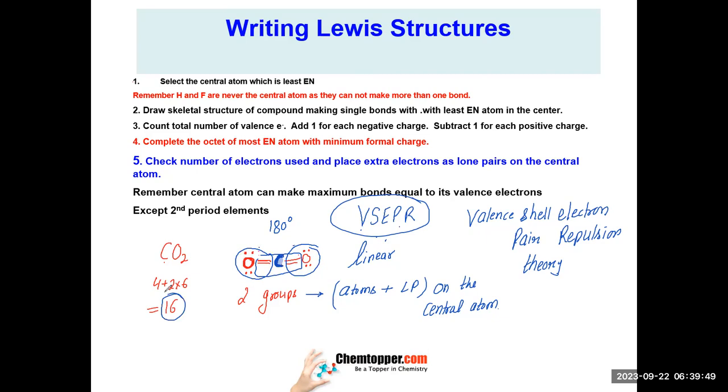So there is no lone pair on the central atom in this structure. Is it okay, Anil? If lone pair is not there, then you just say 2 plus 0. You will see many cases, Anil, where lone pairs are there. But right now, what are you going to say? 2 plus 0, 2, two groups.